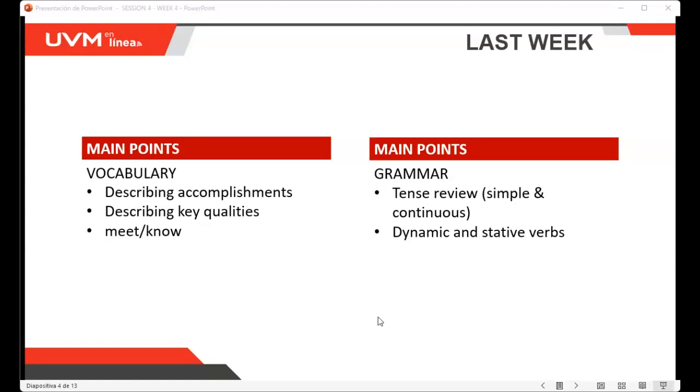And in grammar, you made a general review about tenses. In this case, simple versus continuous tenses. And you also revised some particularities or characteristics about dynamic and static verbs.